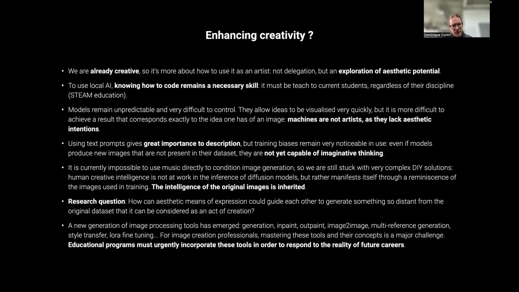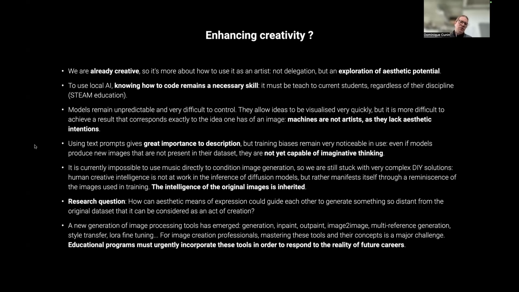So models are very unpredictable, very difficult to control. It's really chaotic. So maybe we can say that machines are still not artists because they lack aesthetic intentions. This is where we still organize and control things.